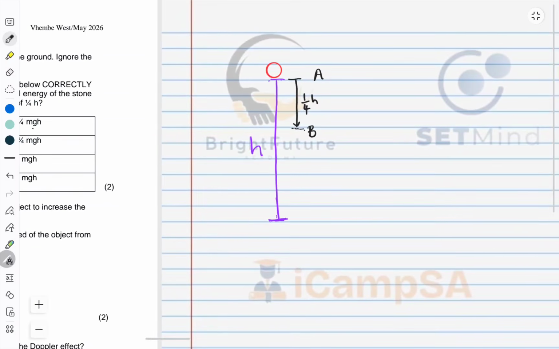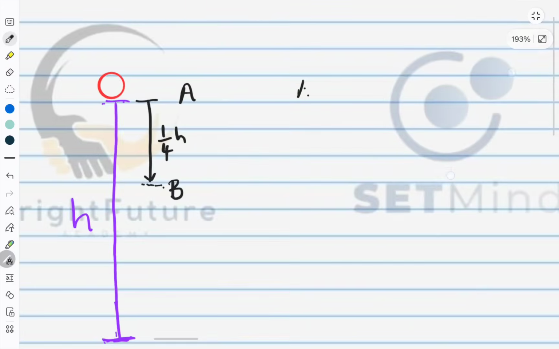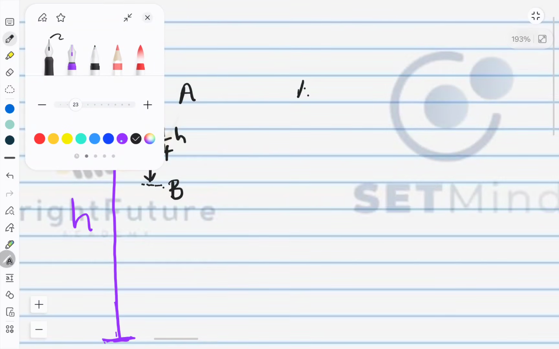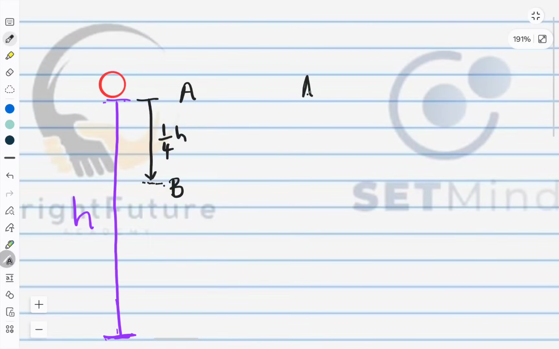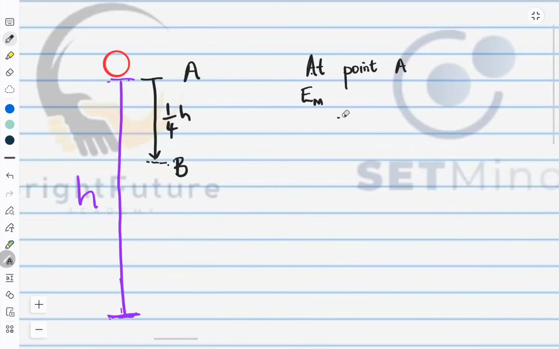So at point A, let's start with the mechanical energy at point A. The mechanical energy at point A, we can say it's E, let's call it EM, and you add the kinetic energy plus the potential energy, right?